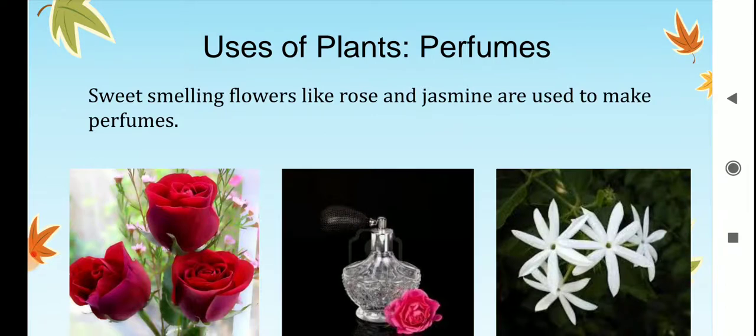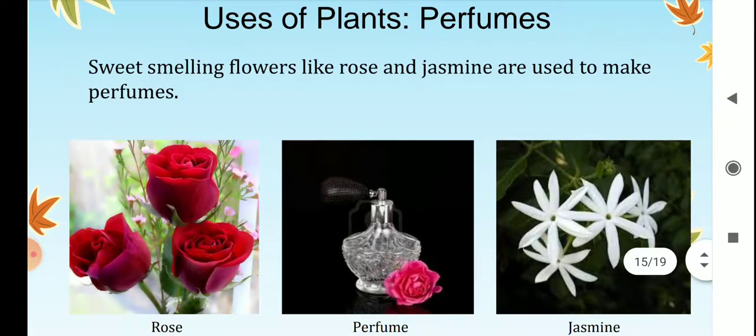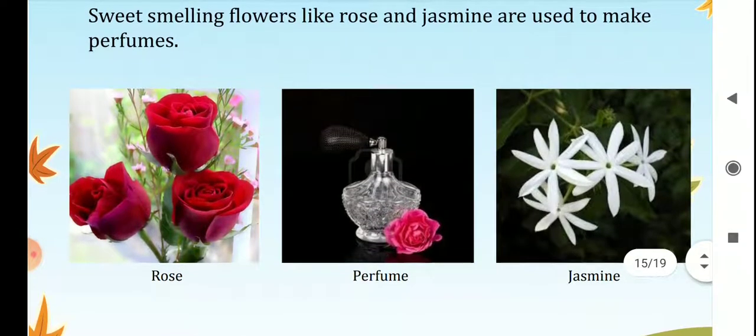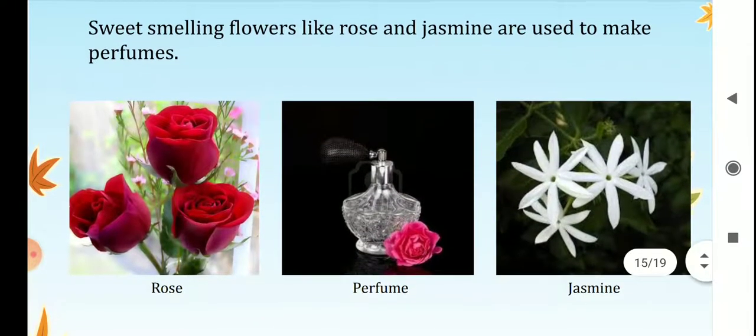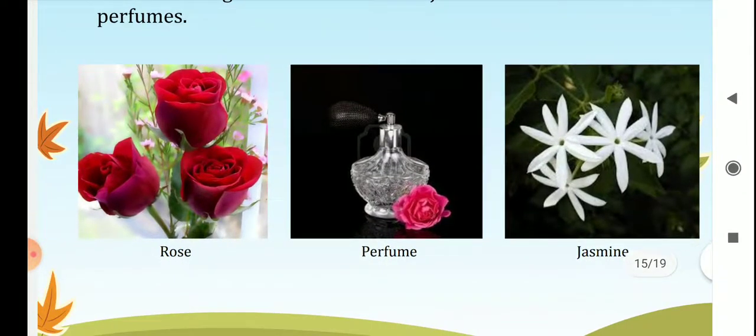It is not restricted to rose and jasmine, but there are lots of herbs present in India that help make perfume and other sweet smelling materials like chandan, eucalyptus, different grass oils, lemongrass oil, then citronellal, etc. So these are all very helpful.